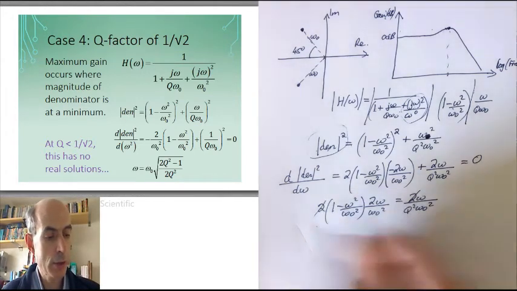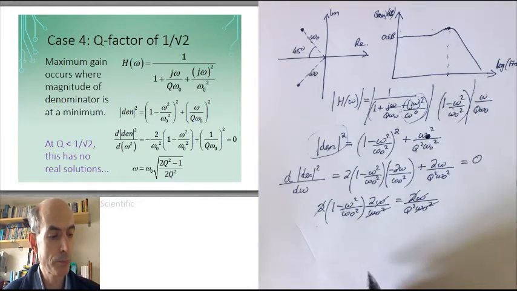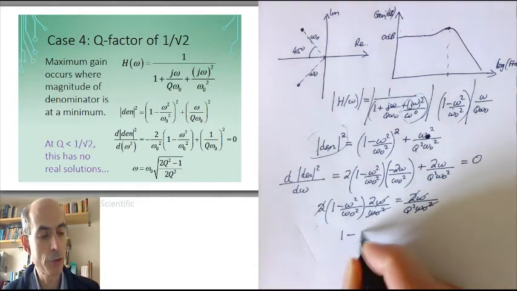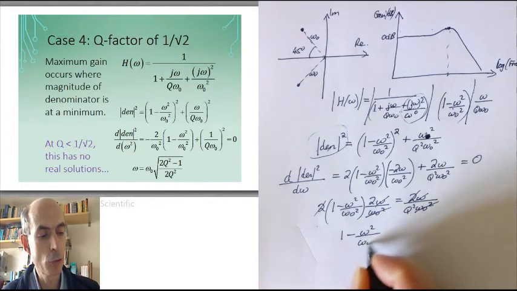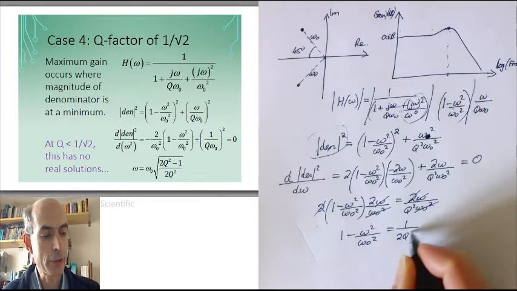The 2s cancel, those omegas cancel, those omega naught squareds cancel, and I'm left with 1 minus omega squared over omega naught squared equals 1 over 2Q squared.